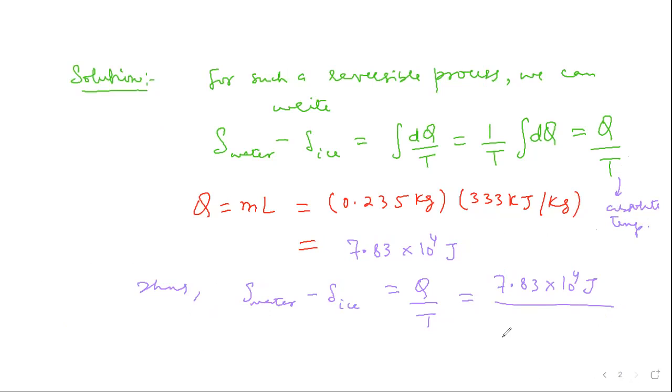Now 0 degrees Celsius is equal to 273 Kelvin, right? So when you make the calculation, it turns out to be 287 joule per Kelvin.